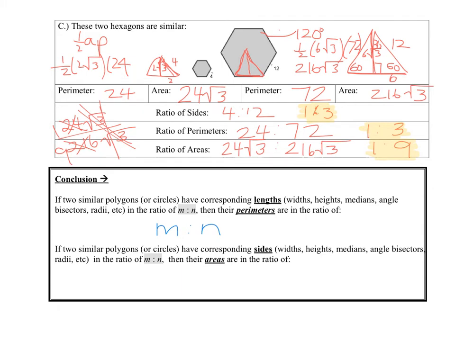They get squared. So it becomes m squared to n squared. So the ratio gets squared. So quick example, let's just say you have a ratio of sides of 2 to 7. Then the ratio of the perimeters would also be 2 to 7, but the ratio of the areas would be 4 to 49.